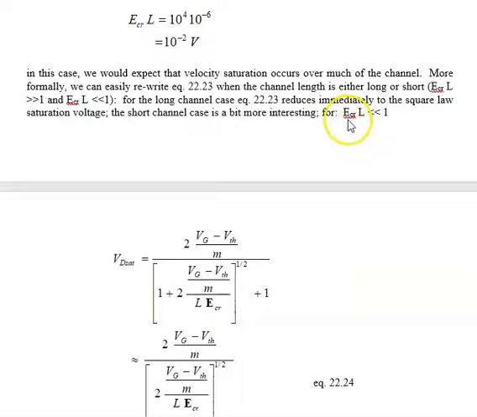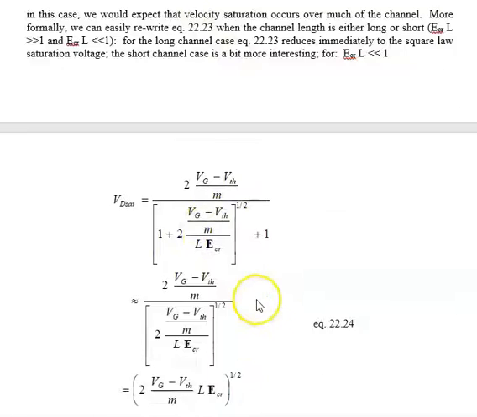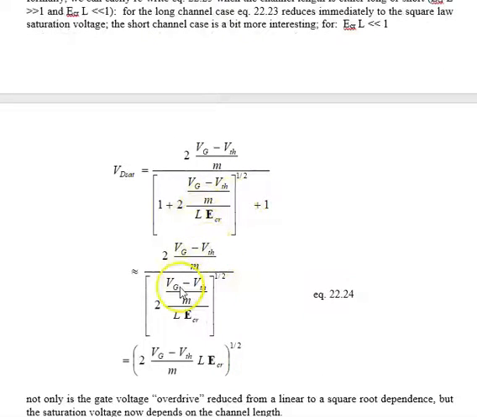So when we have E critical times L much less than 1, which is the case here, we can go through the mathematics relatively easily. The 1 goes away. This term dominates. So that's why we have 2 divided by 2 multiplied by this term here.